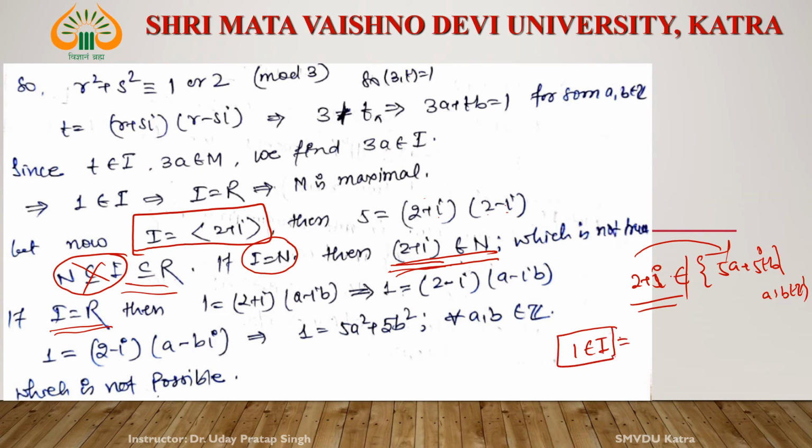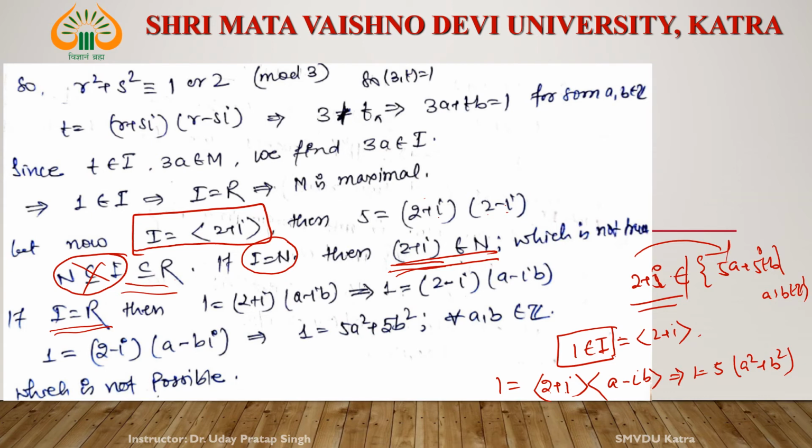What is I? I is generated by 2 plus i. Yes. Then 1 is equal to 2 plus i multiplied by a plus ib, or a minus ib. After squaring this, 1 is equal to 5 times a square plus b square.